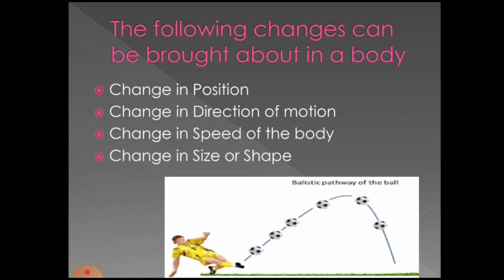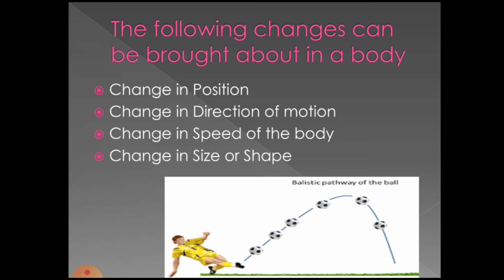So what are the changes which we can bring about in a body? You may be able to change the position of an object, the direction of an object, the speed of the object, or the size or shape of an object. If you see this picture, you can understand that the ball started moving when he kicked it.